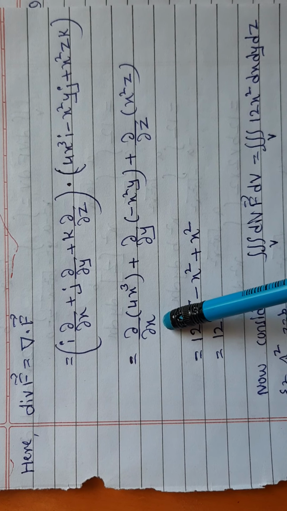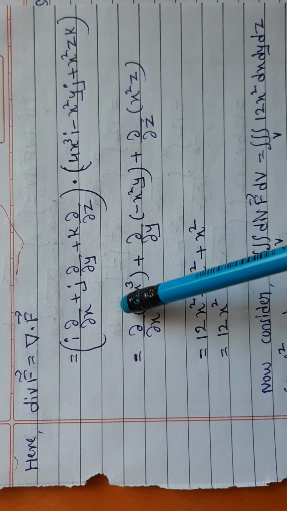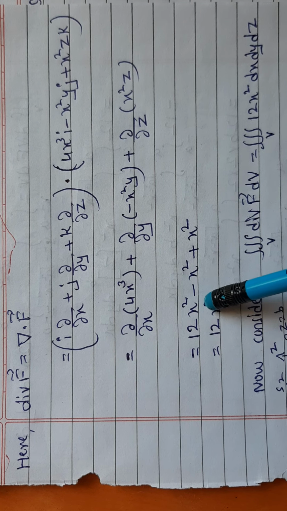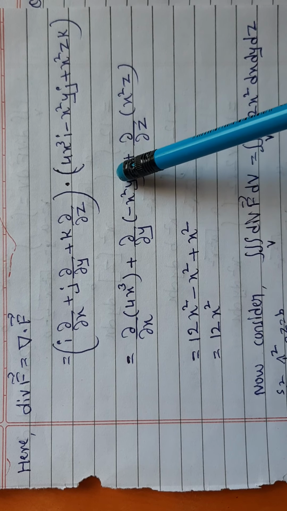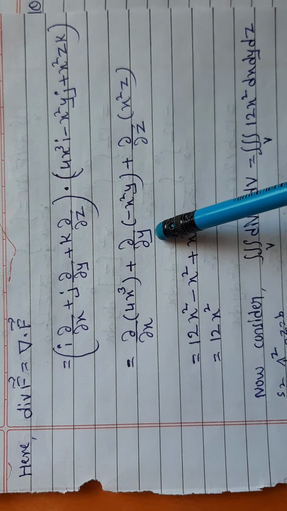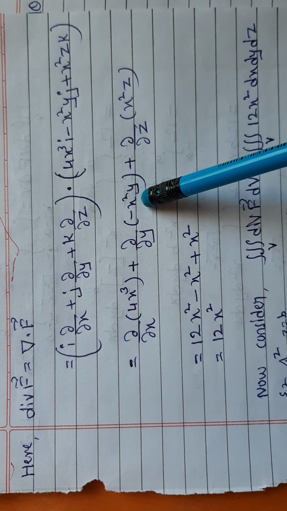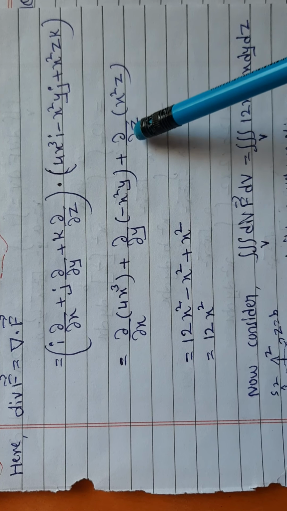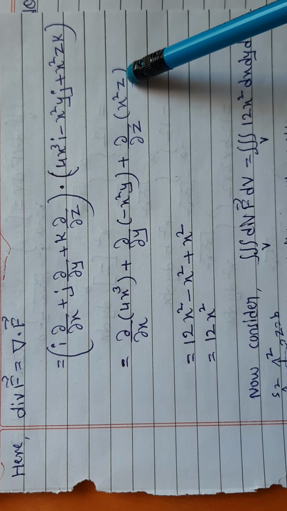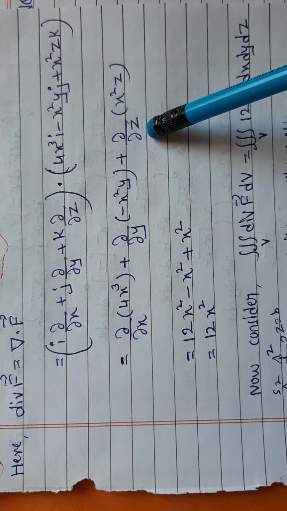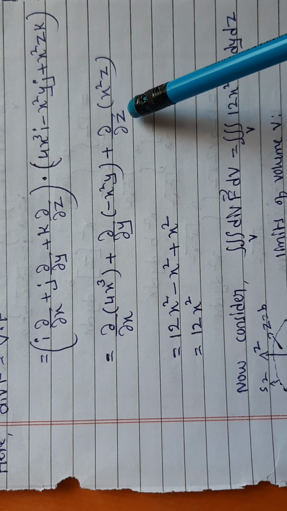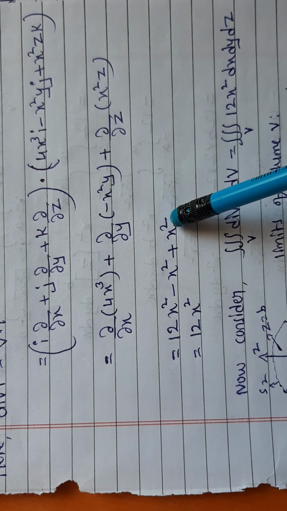Differentiation of 4x^3 with respect to x is 12x^2. Differentiation of x^2 y with respect to y: x^2 is constant, differentiation of y is 1. Next, differentiate x^2 z with respect to z: x^2 is constant, and differentiation of z with respect to z is 1.